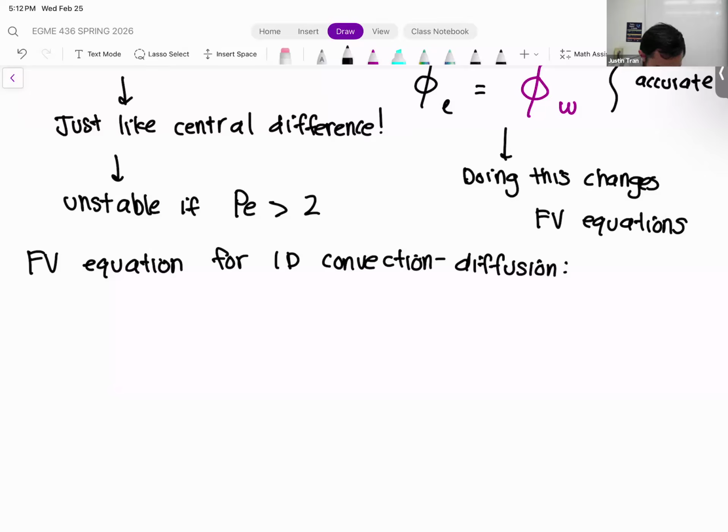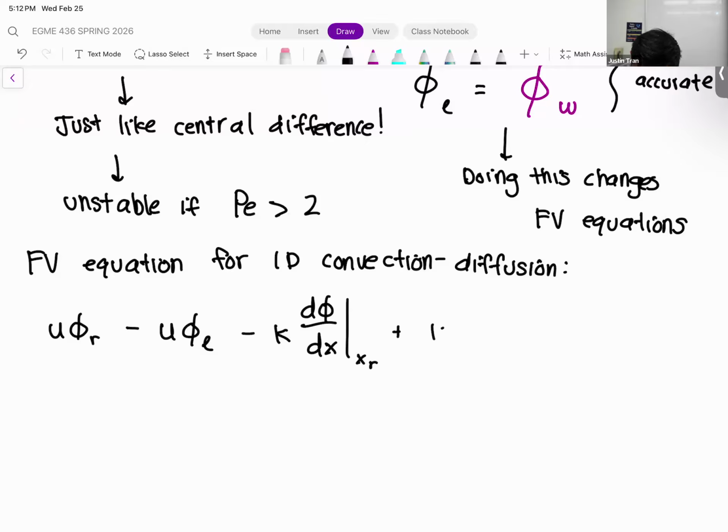We have u times phi evaluated at little r minus u times phi evaluated at little l, minus K d phi dx evaluated at x sub r plus K d phi dx evaluated at x sub l. And this, of course, is equal to Q of xc multiplied by delta x.